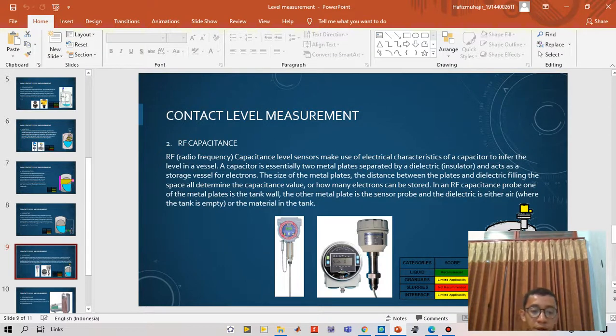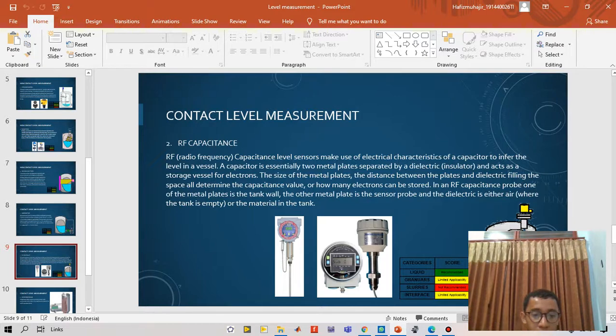Number 2, RF capacitance or resistance. RF or radio frequency capacitance level sensors make use of the electrical characteristics of a capacitor to infer the level in a vessel. A capacitor is essentially two metal plates separated by a dielectric or insulator and acts as a storage vessel for electrons.